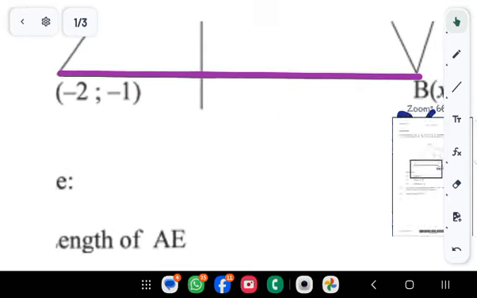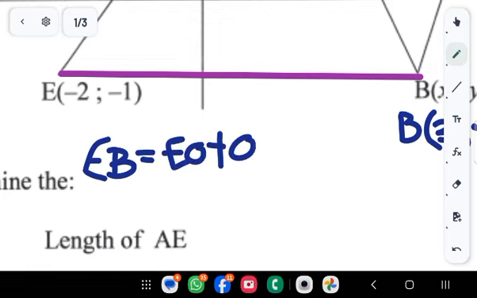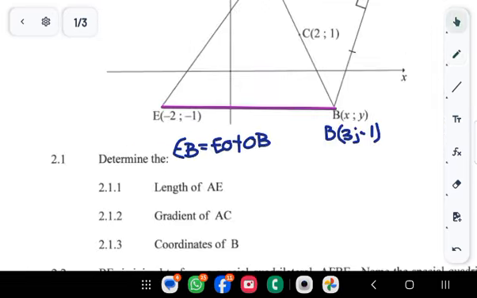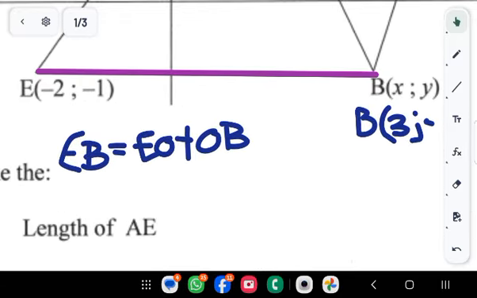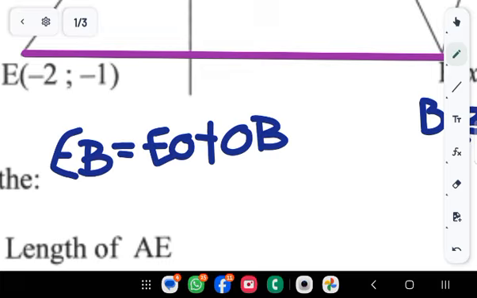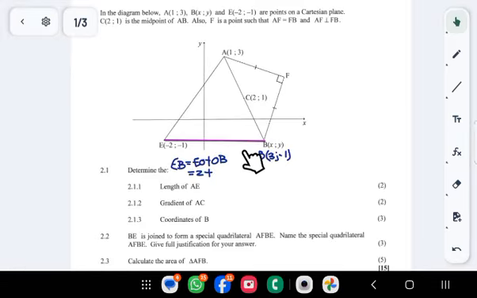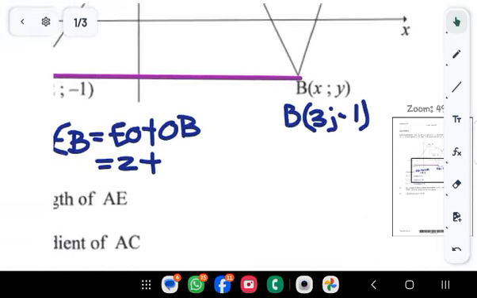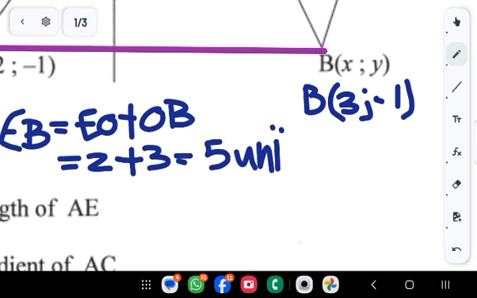So EB will be equal to EO plus OB. O, because that's the x-coordinate. So that is 2 units from the y-axis to point B, that is 3 units, and that gives us a total of 5 units.